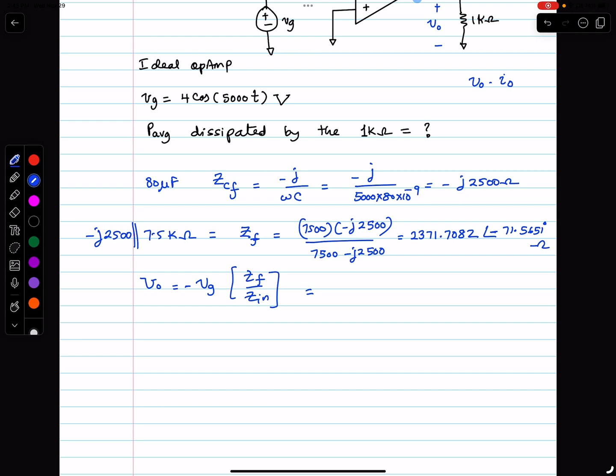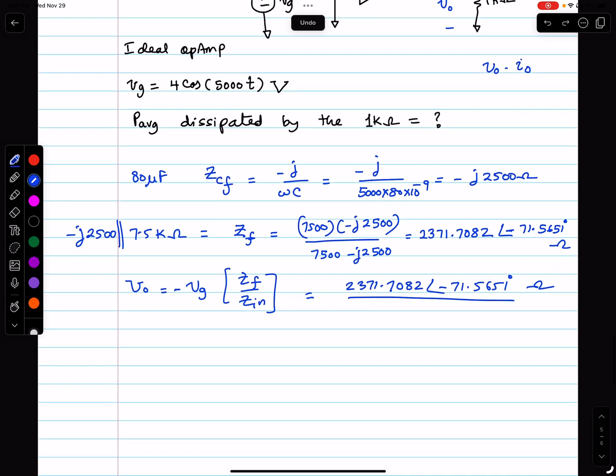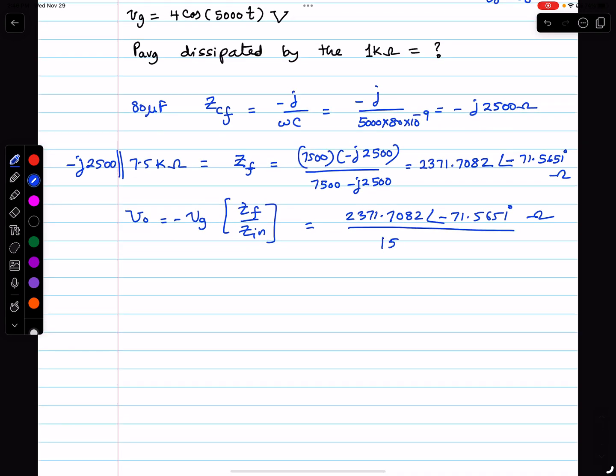ZF is 2371.7082 angle negative 71.5651 ohms, divided by the impedance looking in, which is 1.5 kilo ohms, so that is 1500 angle 0 degrees.